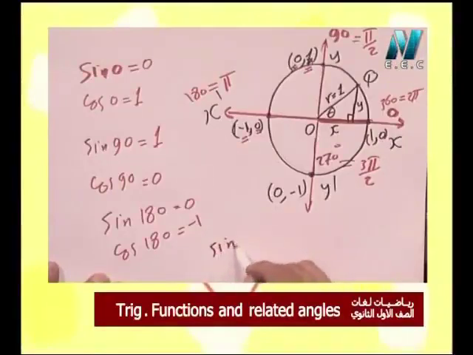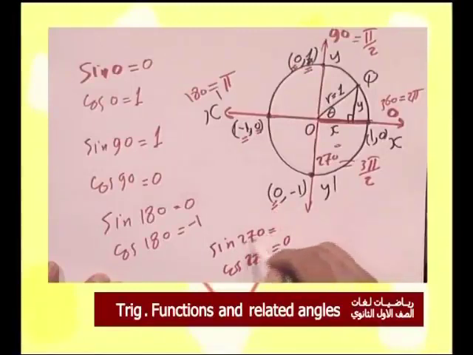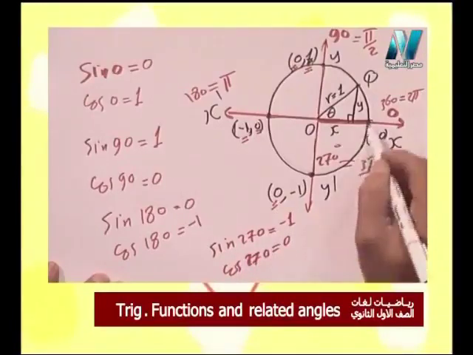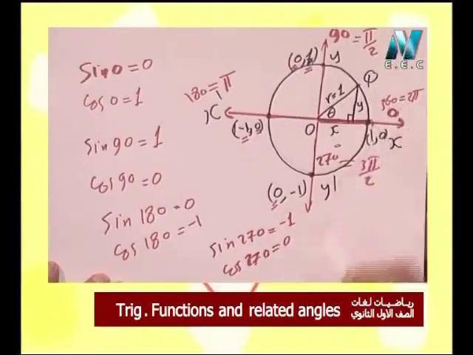Sine 270 equals what? And cosine 270 equals what? Cosine 270 equals 0 and sine 270 equals negative 1. And here is 360, or 2 pi, or 0.